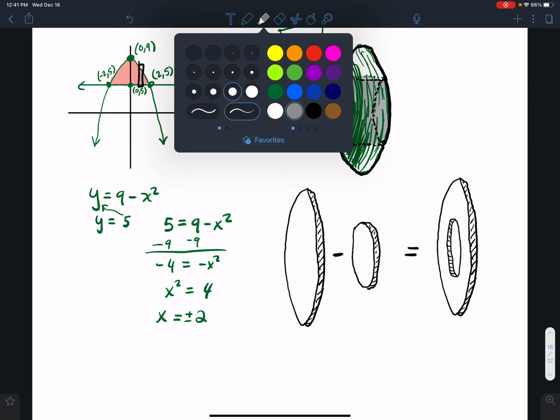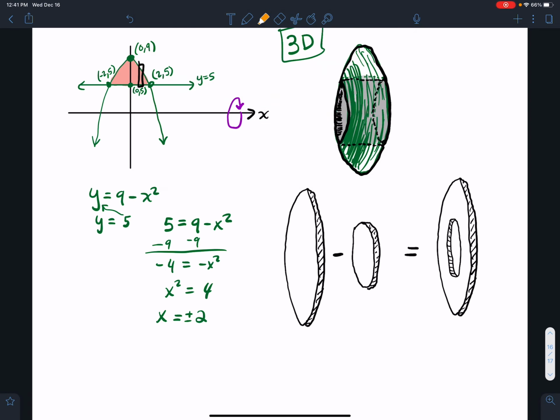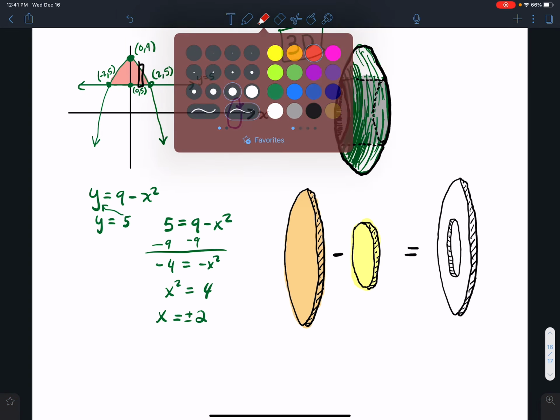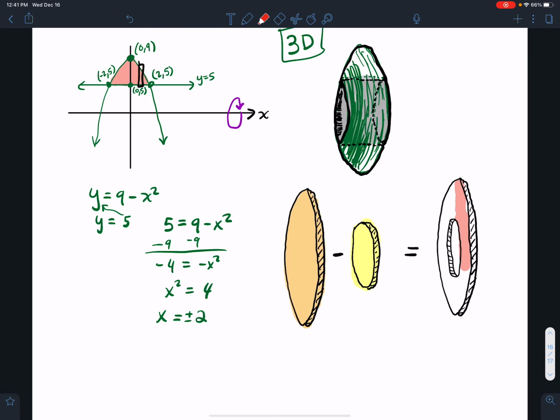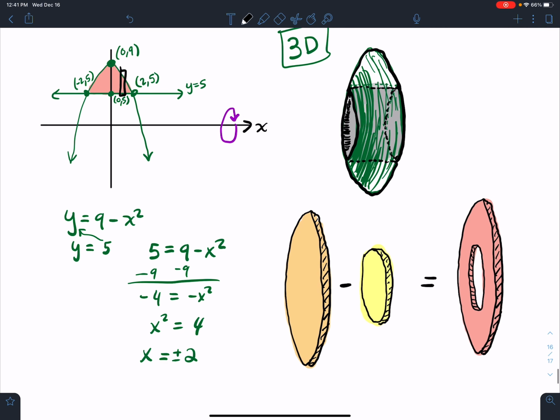So maybe if I did these in different colors, it would kind of make sense. So I'm going to punch that out of the middle, and then what's left is this right here.